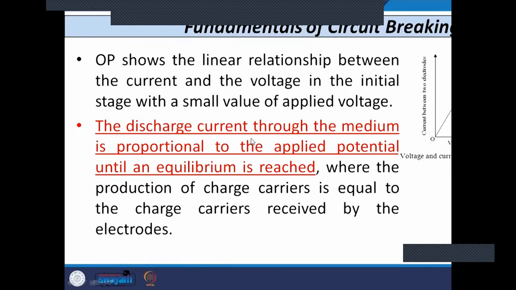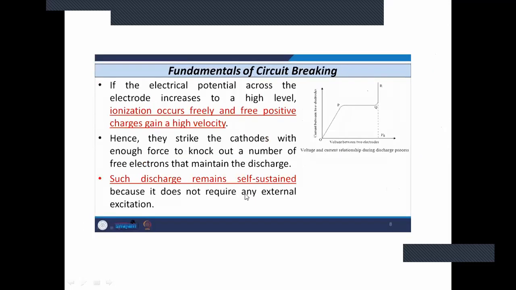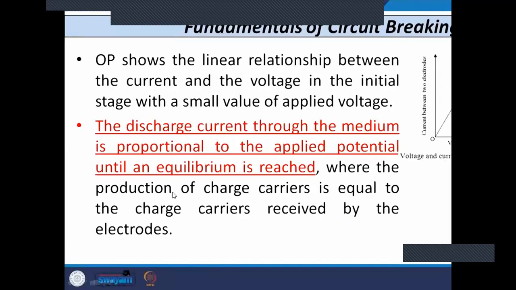The discharge current through the medium is proportional to the applied potential until an equilibrium is reached, where the production of the charge carriers is equal to the charge carriers received by the electrode.